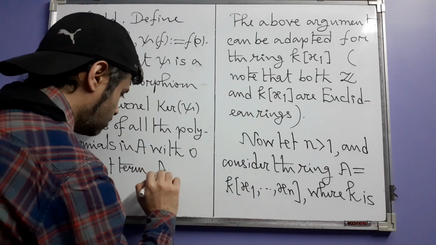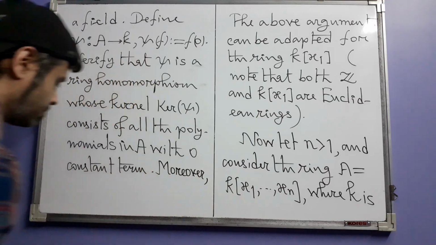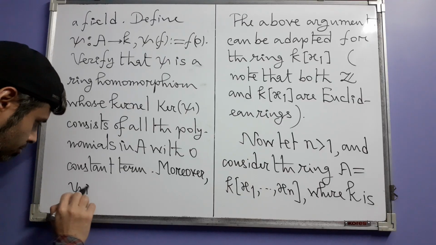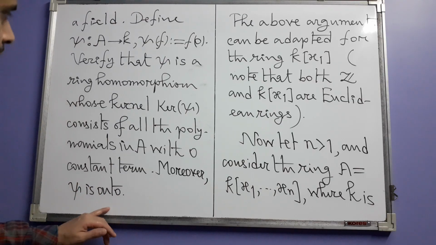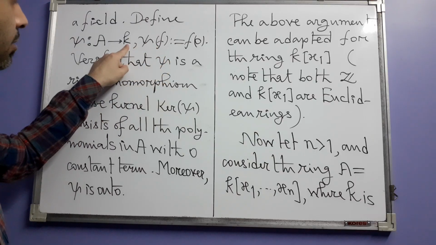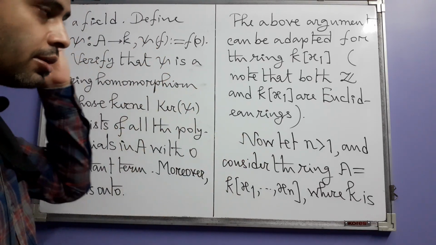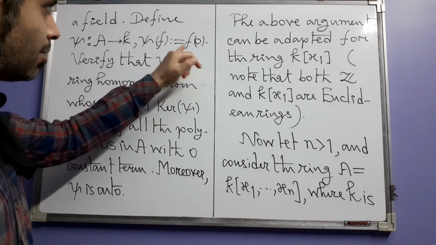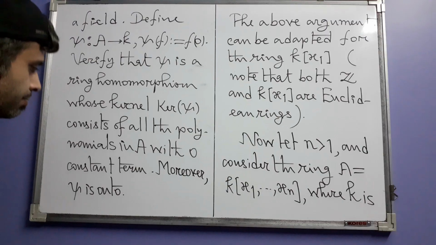Moreover, psi is onto, which is very easy to see. Why is psi onto? You take a field element, that field element itself is a polynomial, a constant polynomial, whose psi image by definition is that field element, and that is why it is onto.